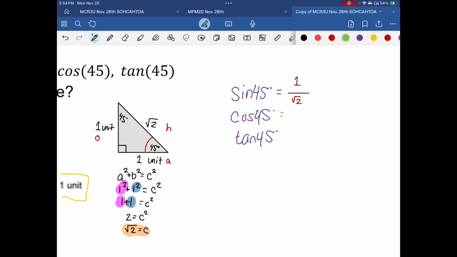So we have adjacent, which is also 1 over root 2. And then we have my last one, tangent, which I know is opposite over adjacent. So I know it's 1 divided by 1.